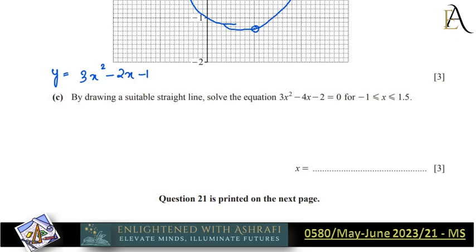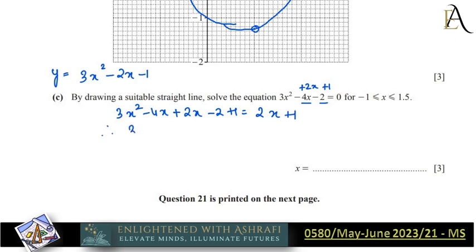To get it into this, we'll have to add plus 2x over here and plus 1 over here. So we get 3x squared minus 4x plus 2x minus 2 plus 1. Since we are adding new terms, we'll have to write over here 2x plus 1 so that they cancel out.